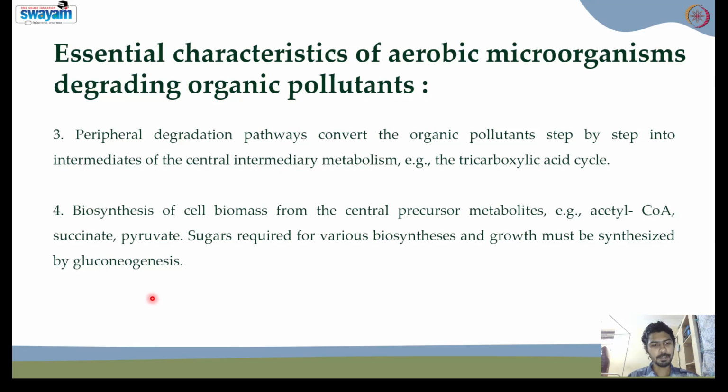These succinate and pyruvate enter the TCA cycle and eventually generate ATP as well. They use these precursor metabolites for their growth because pollutants don't usually provide energy like simple carbon. So the microorganism uses different strategies like gluconeogenesis, that is, they produce sugar from non-sugar sources like pollutants.